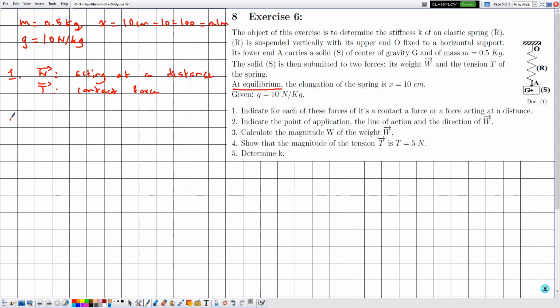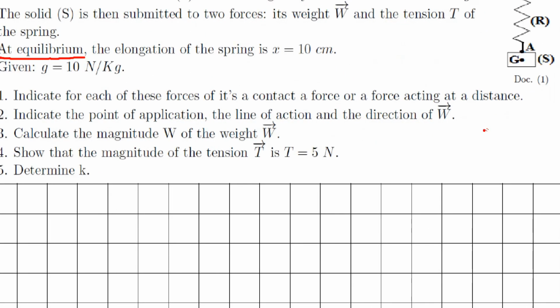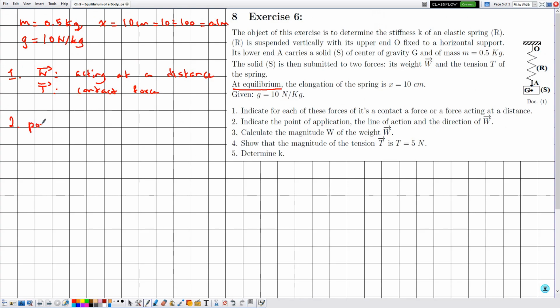Now, as for number 2, indicate the point of application, the line of action, and the direction of W. And we need to list them in the right order, which corresponds to the following order. Let's start with the point of application, then the line of action, and the direction.